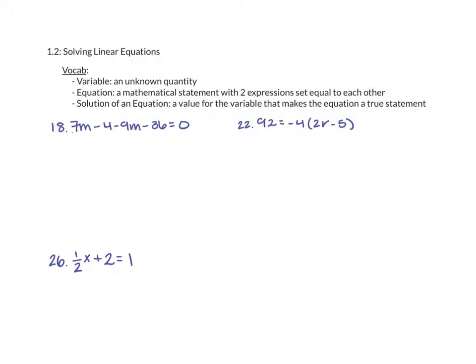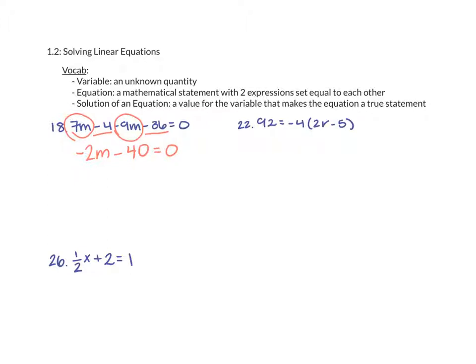I notice that 7m and negative 9m look similar, and negative 4 and negative 36 are common like terms. So I'm going to combine those. 7m minus 9m is negative 2m, and negative 4 minus 36 is minus 40. And then I copy my equals 0.